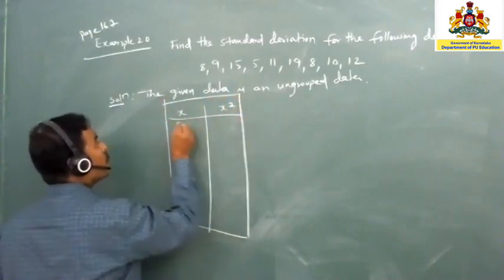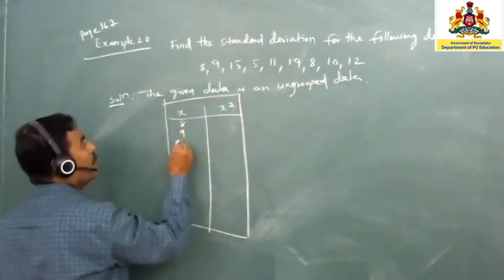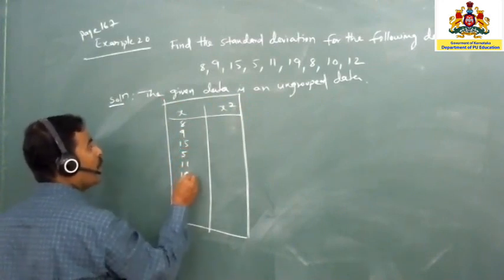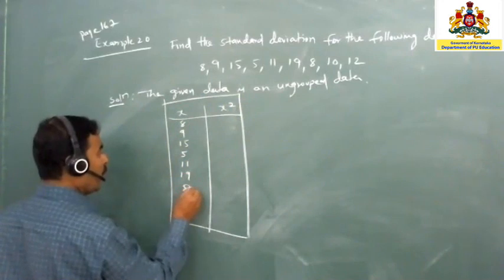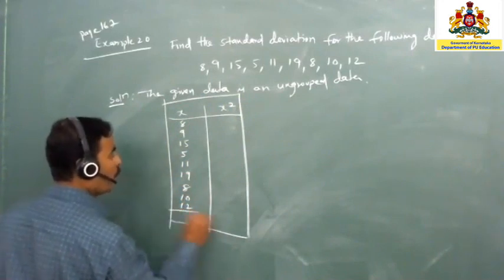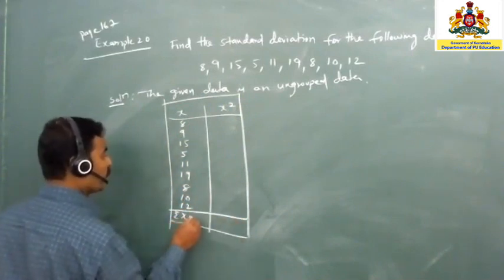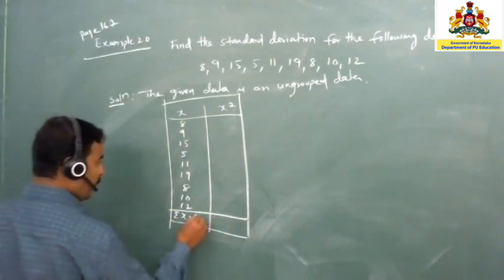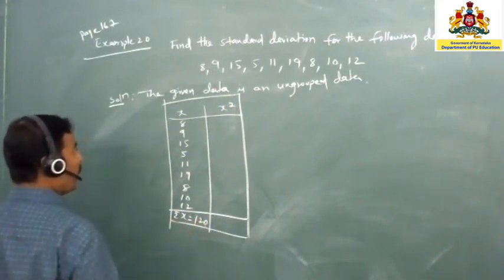X values: 8, 9, 15, 5, 11, 19, 8, 10, 12. The total of x, summation x, is 120.